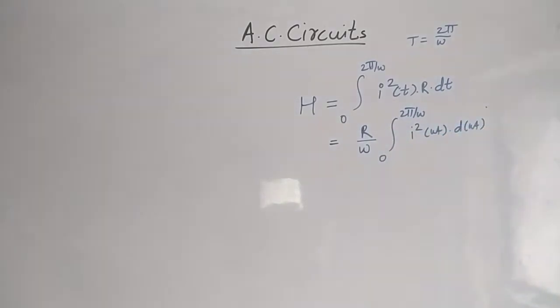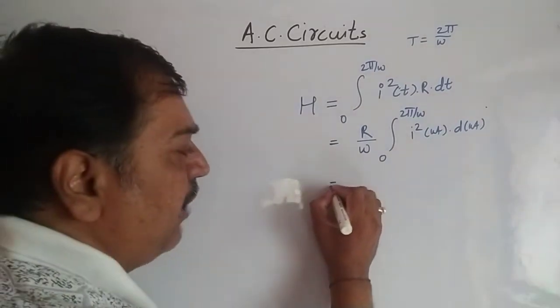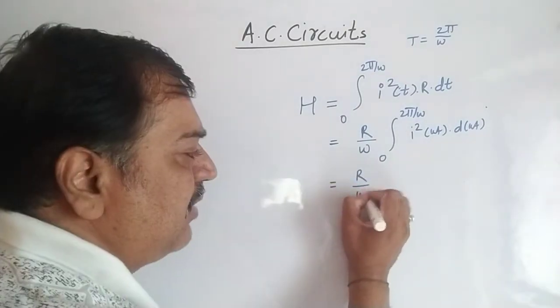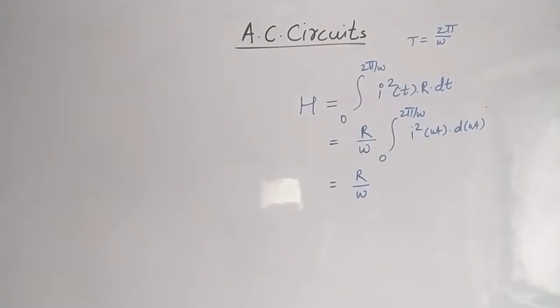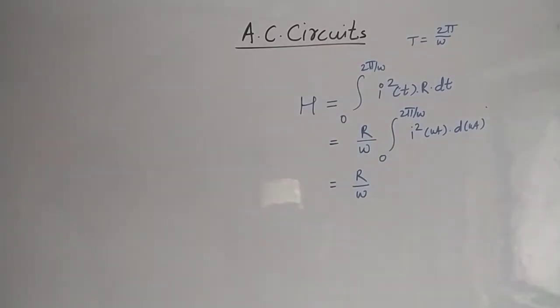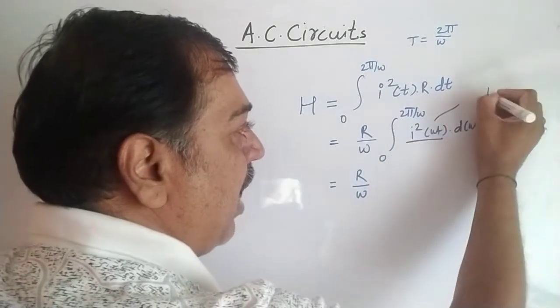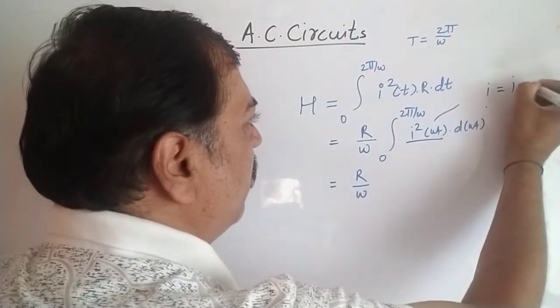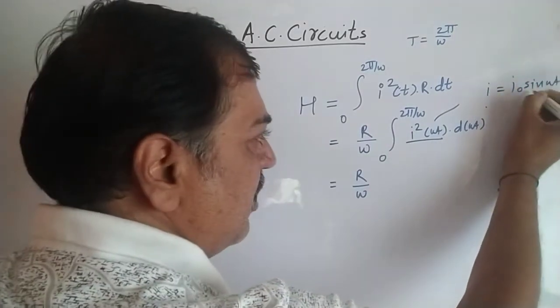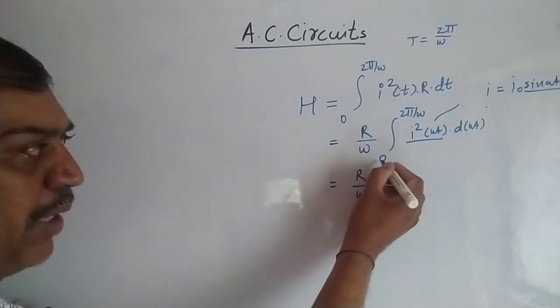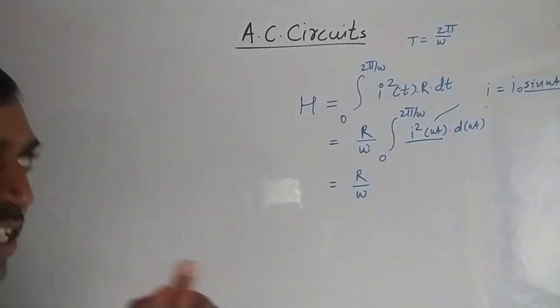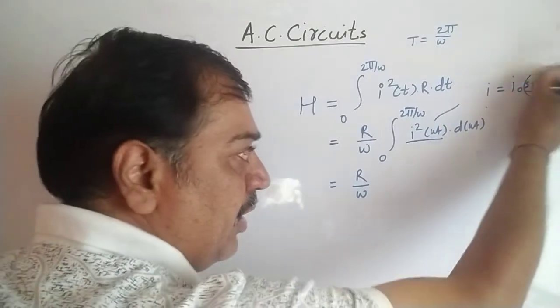Taking R by omega as it is, and putting I equal to I0 sine omega t, we need the integration of sine square omega t between 0 and 2 pi by omega.